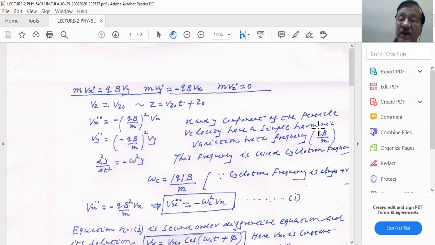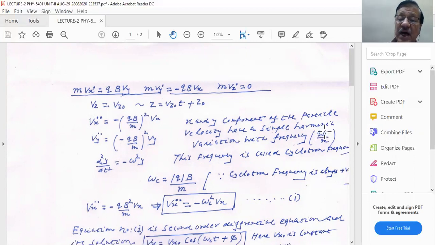You all know this factor very well. It is known as the cyclotron frequency, or the Larmor frequency. Larmor was a British physicist, and the name honors the scientist. This ratio is known as the Larmor frequency.